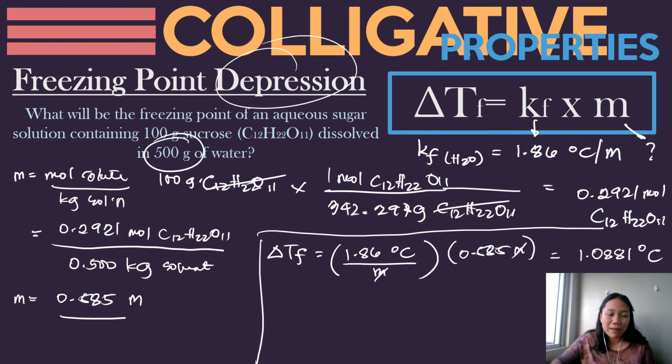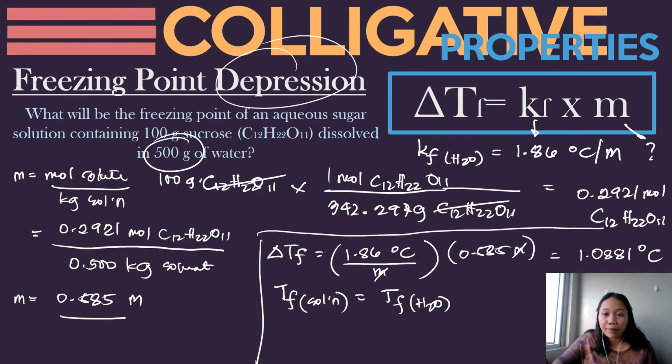Okay? Dapat po bababa. So let's identify the freezing point temperature of your solution, T sub F of your solution. That is by taking the freezing point temperature of your water, which is your solvent here.